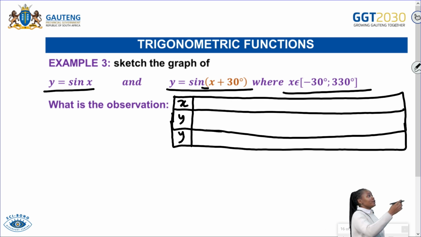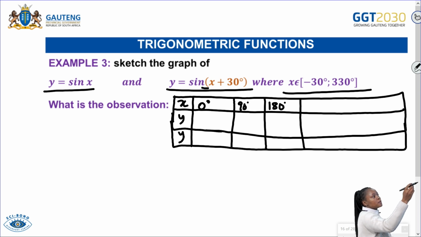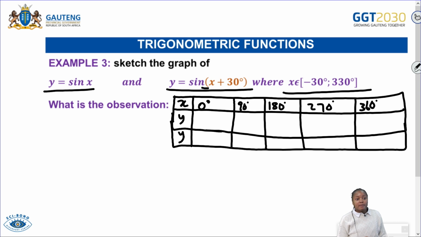So let's start our graph from 0 to 90, 180, 270, up until 360. This is for the mother graph.